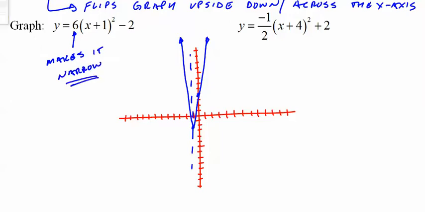And let's get a nice different color green. So we're at -4, 1, 2, 3, 4, and up to 1, 2. Flips down, so let's go for it. 16 times -1/2 is -8, plus 2 is -6. And again, we could find the x roots, I'm not going to worry about it.